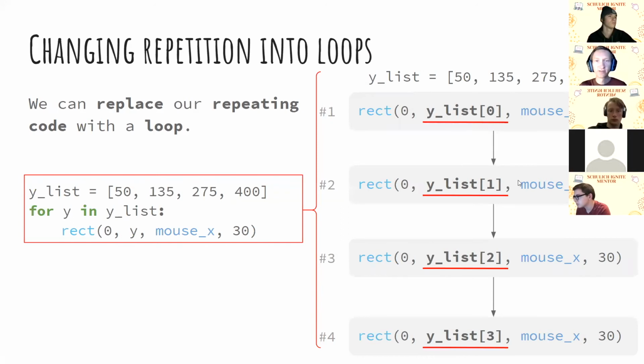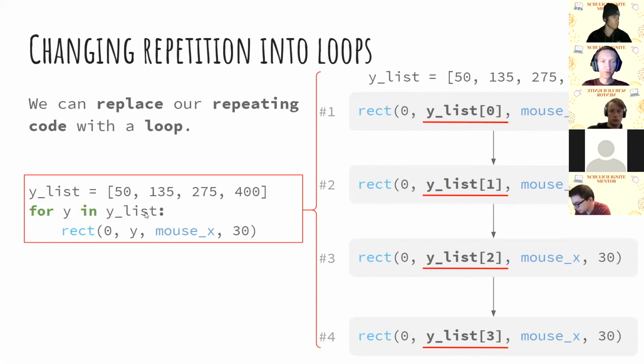So we can take the same code that we had before and replace it with a for loop. So we have that Y list again, and here we have our for loop. We have a variable named Y, which is going to hold the value for each of those values in the Y list.